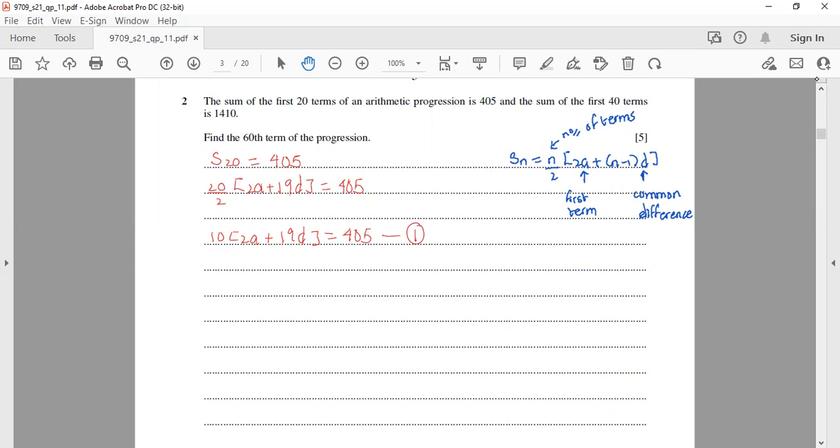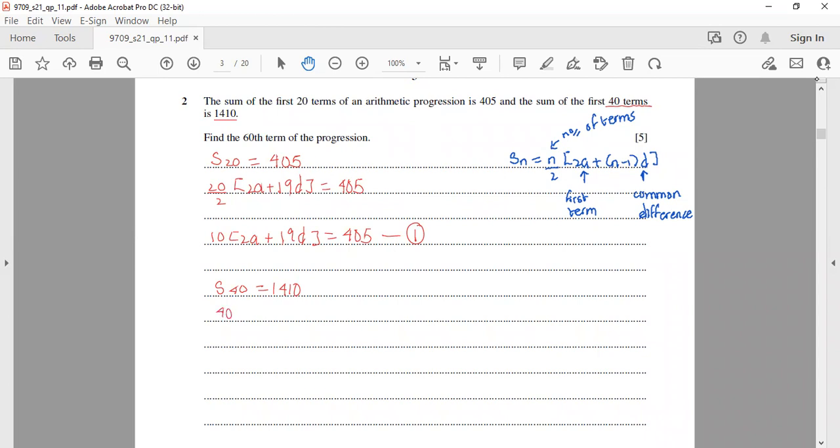Let's continue the question. And the sum of the first 40 terms is 1410. Donc similairement, S of 40 is 1410. Donc vous remplacez dans l'équation là, pareil. Donc before n is equal to 20. Now n is equal to 40.